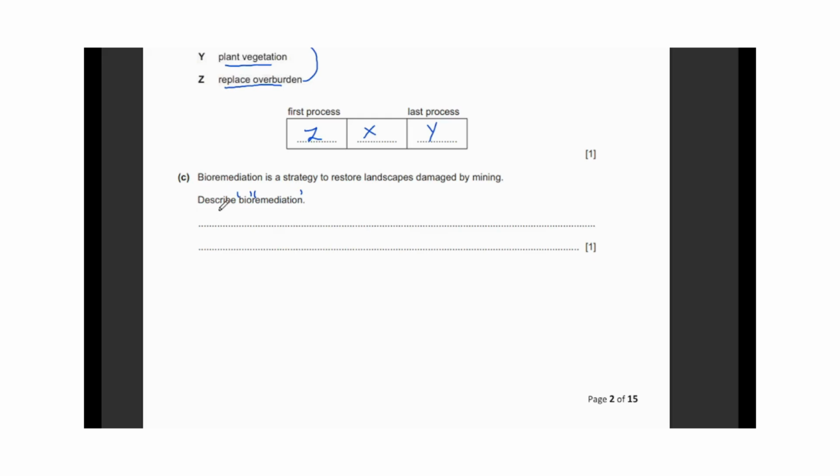So basically using bacteria to break down toxic material after mining. Basically we use bacteria to remove or break down the toxic material after the mining process. This is called bioremediation.